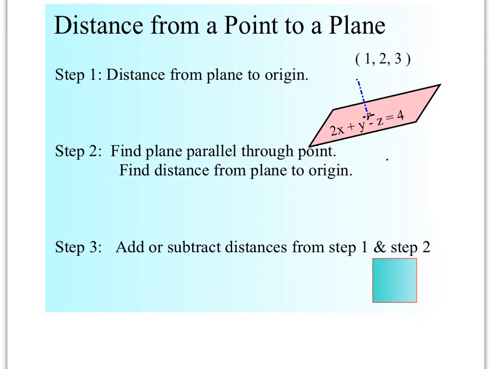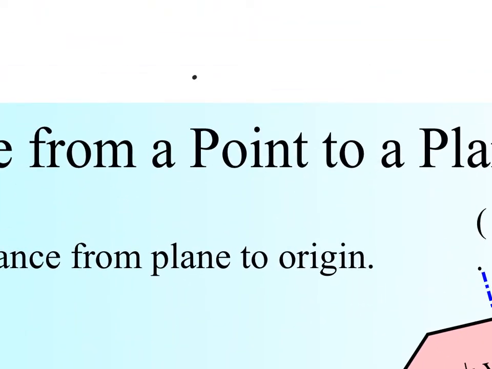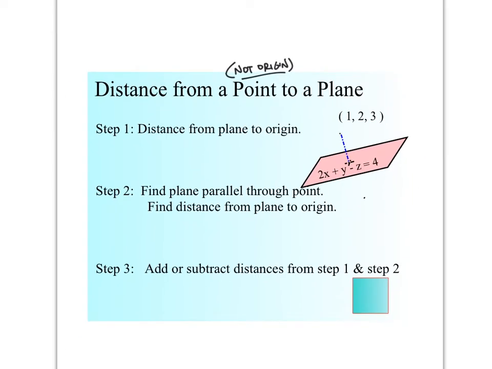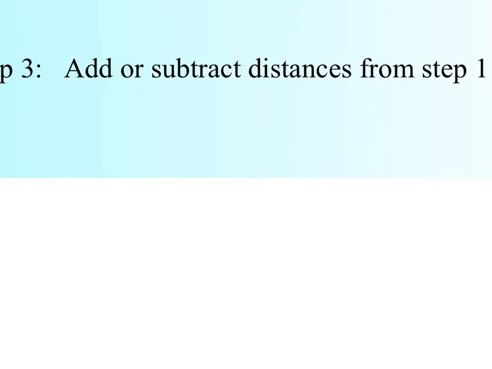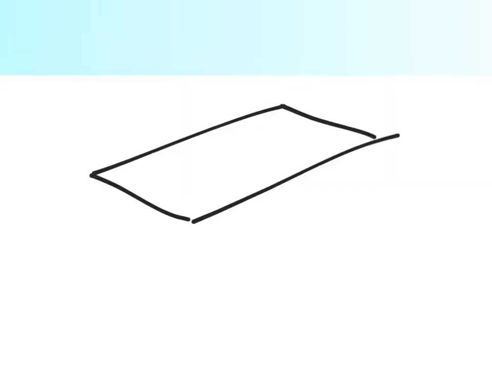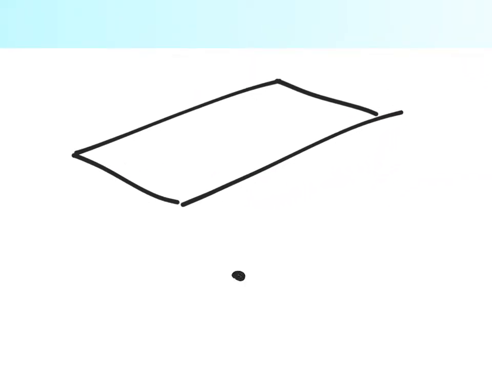All right, so a distance from a point, a point not the origin, to a plane. I want you to imagine for a moment, I'm just going to sketch something here. Here's a plane. Here's the origin, 0, 0, 0.